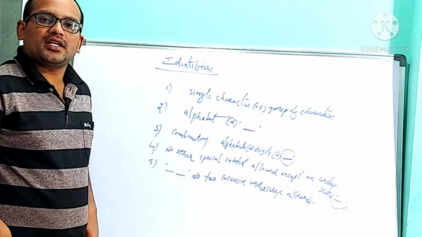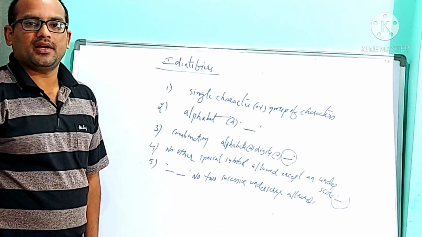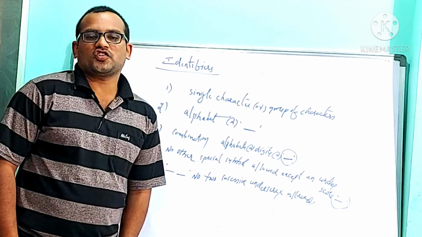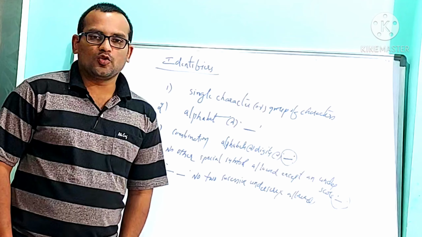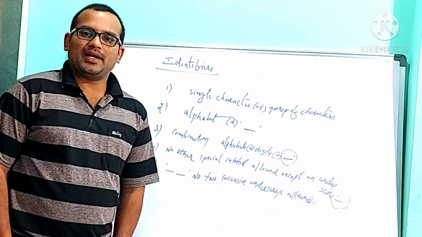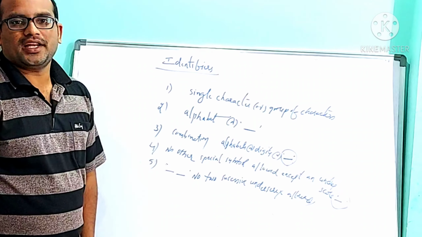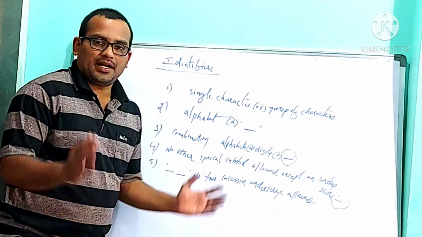Okay, and you can take up to 31 characters to name an identifier, but the compiler generally recognizes only the first 8 characters. So these are the naming conditions of an identifier.